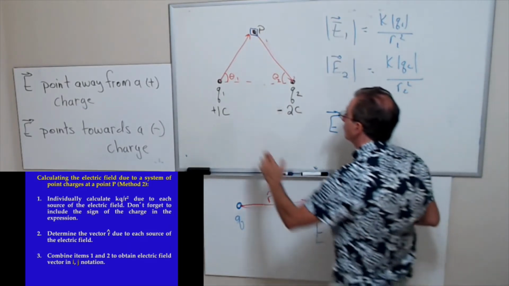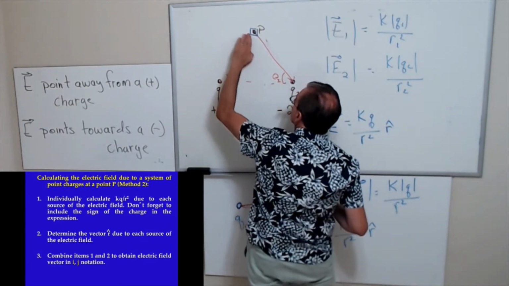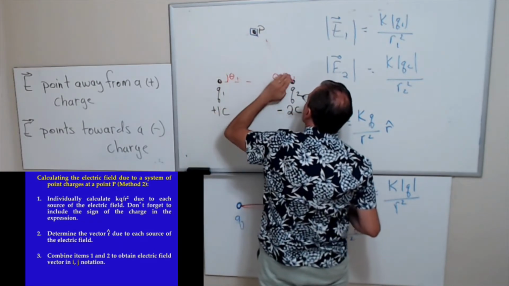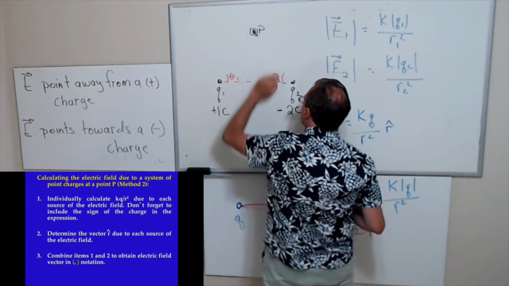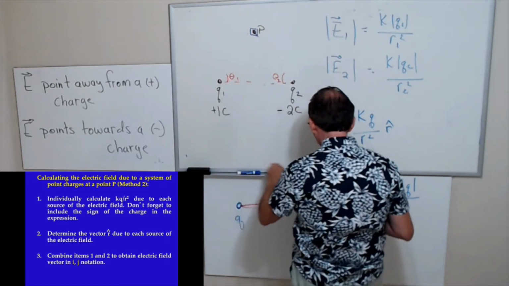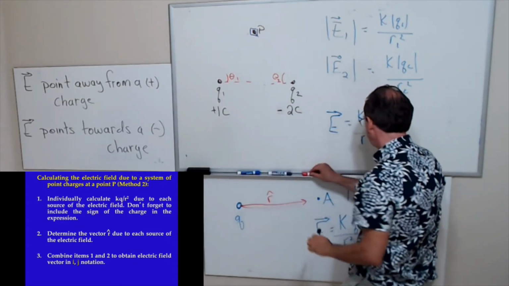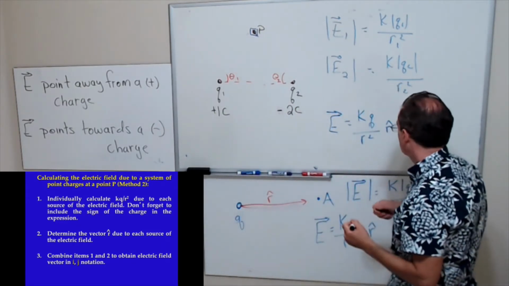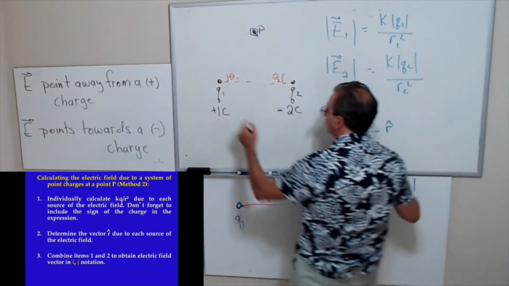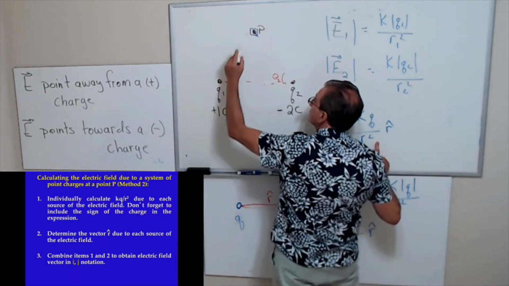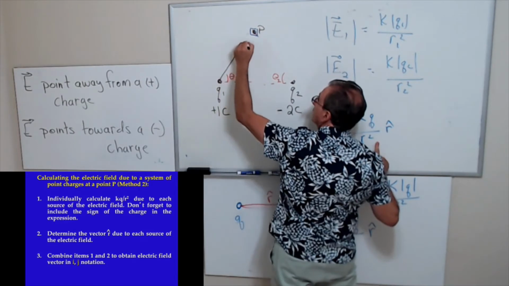So in method 2, you say, okay, what is my r hat vector for each one? What is r hat? It goes from the source to the point. So here's r hat.